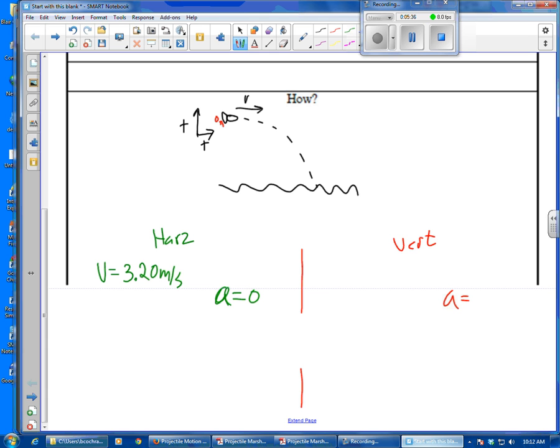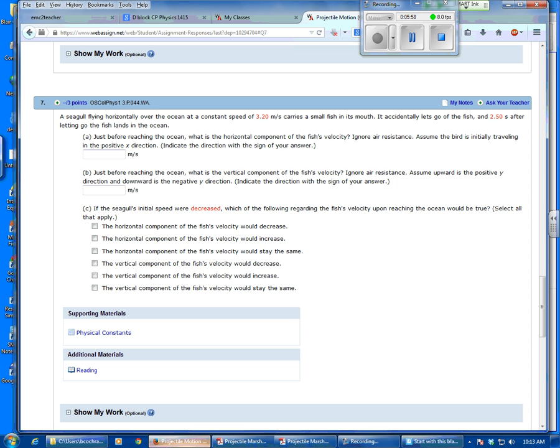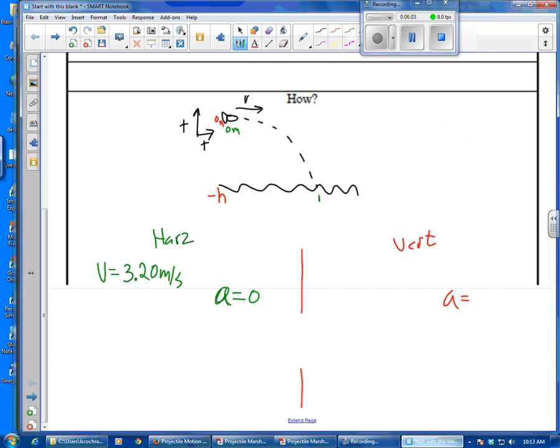So that means the ocean's going to be at negative H. Is that okay? Horizontally, where do you want to call the point the fish is released? 0? And then we'll call this point over here where it lands, how about D?